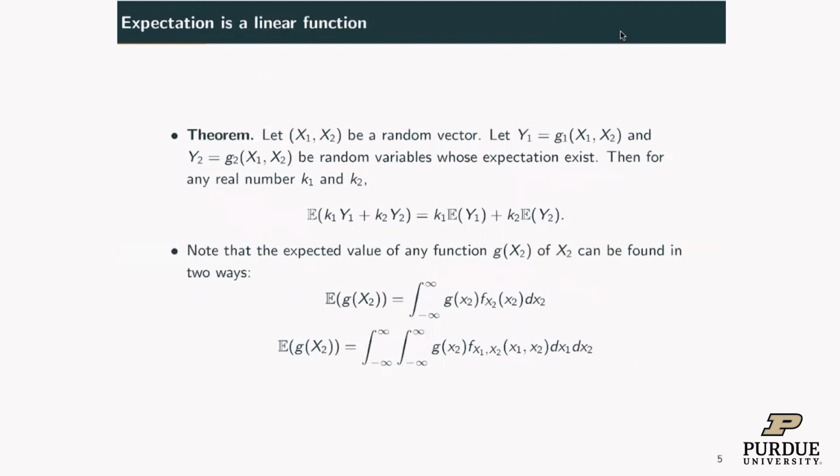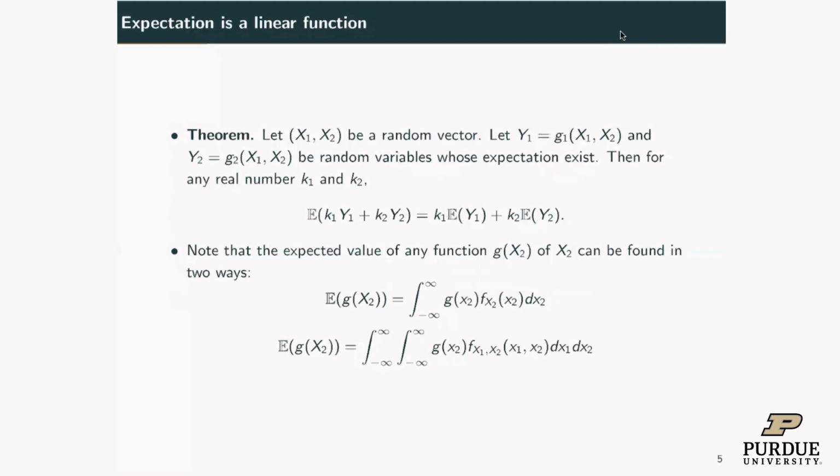The most important property of expectation we talked about last time is that expectation is a linear function. That means every time you see a constant, you can move the constant out of the expectation. Let (x1, x2) be a random vector. y1 is g1(x1, x2), y2 is g2(x1, x2). These y1, y2 are random variables.